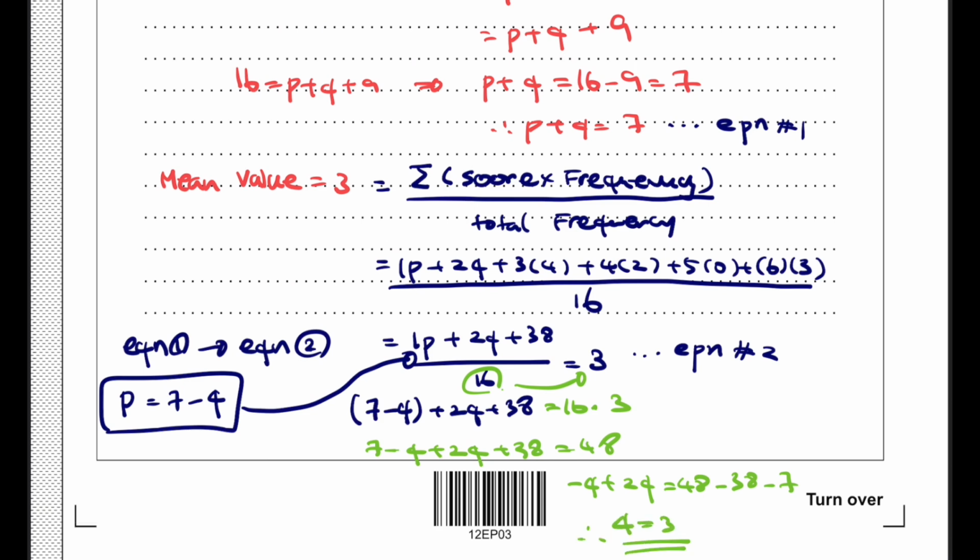Since we have found our q value, we can put this q value back into our equation number 1. Then we get the p value is equal to 7 minus 3, so the p value is equal to 4. So we have found the p value as 4 and the q value as 3.